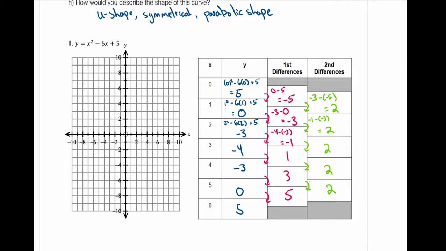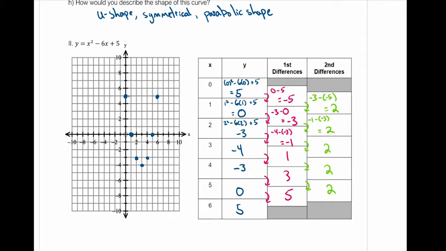We go to plot our points now. Remember, x and y is a point, so that is what we're going to be plotting. So 0 and 5 is our first point. 1 and 0 is our next. 2 and -3. 3 and -4. 4 and -3. 5 and 0. 6 and 5.